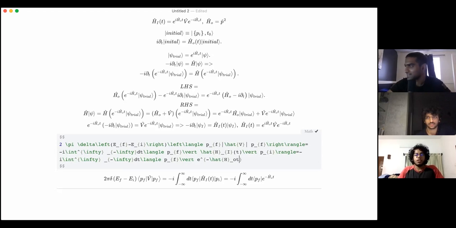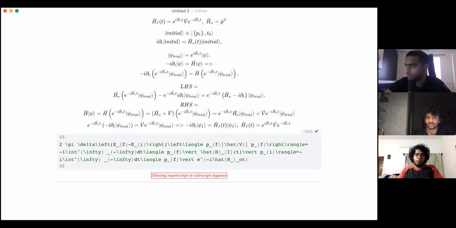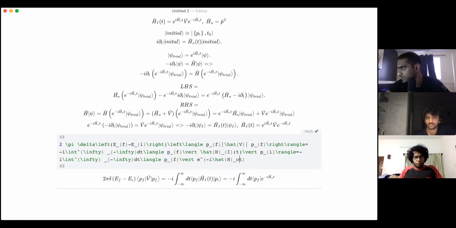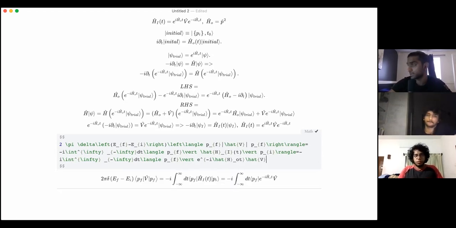So let's just write it as is, and then apply it, and convert the operator into an eigenvalue.